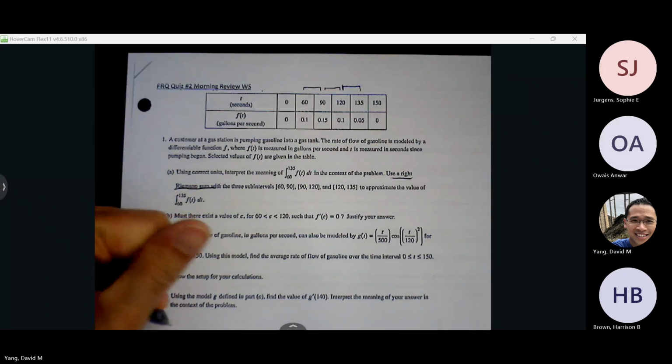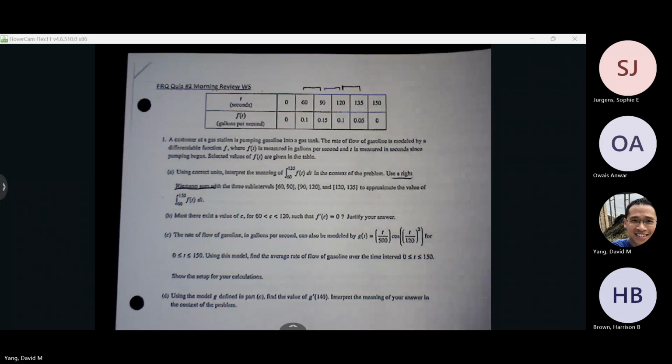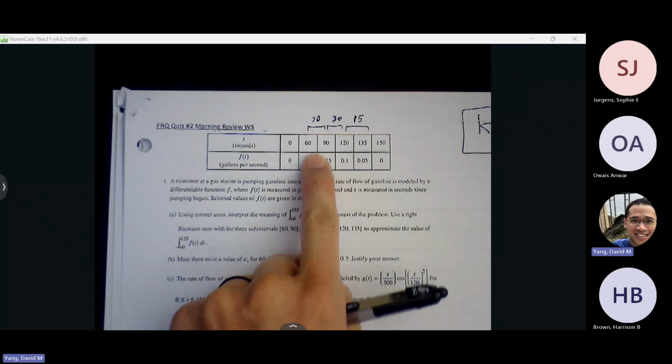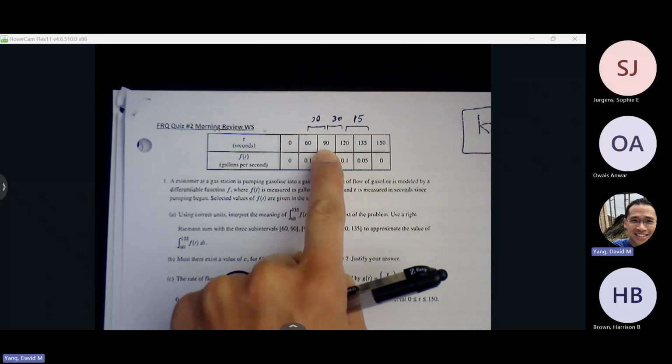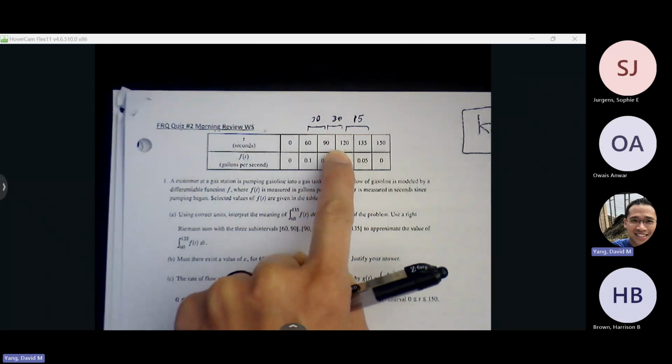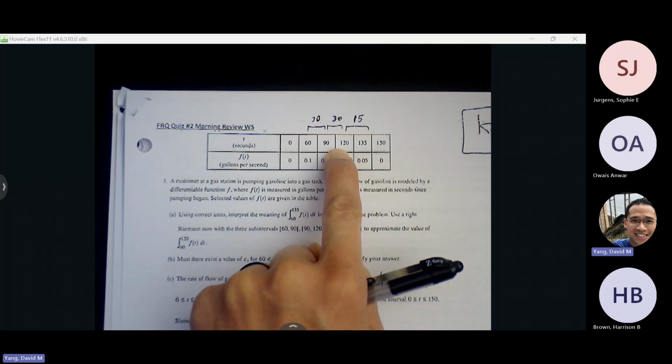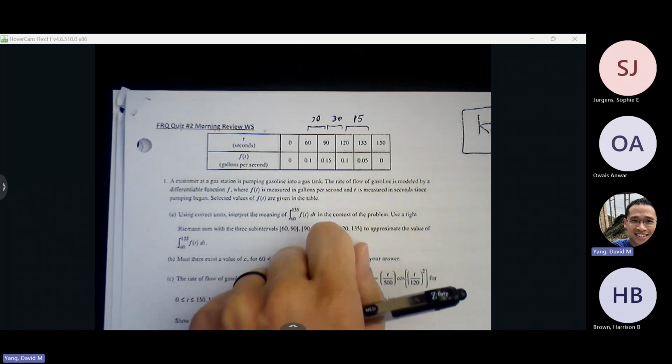So for part A, the width of each of these subintervals from 60 to 90 is 30, 90 to 120 is another 30 units, and from 120 to 135 is 15 units.